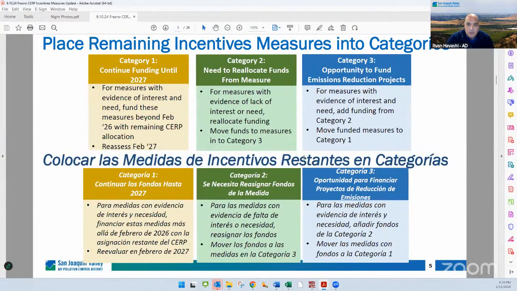Kind of going back to when we initially developed this method of sharing out information, the different types of categories, going back to October 24.